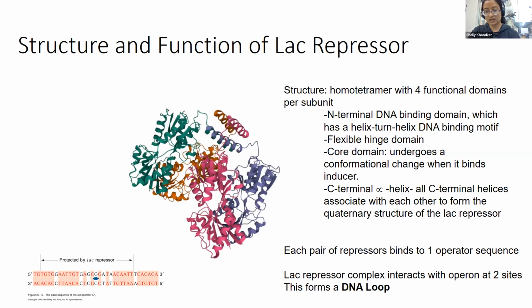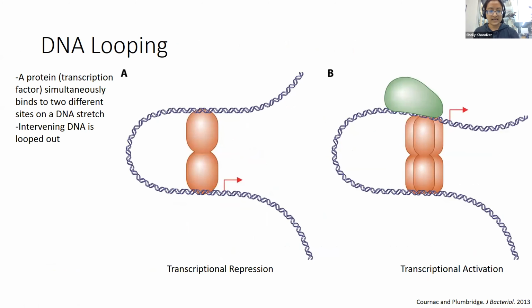This creates something called a DNA loop. So DNA looping is when a protein, specifically a transcription factor, simultaneously binds onto a stretch of DNA at 2 sites, and then the intervening DNA is looped out. You're going to see a similar mechanism in eukaryotes as well, but as with most things, it's more complex in a eukaryotic system.